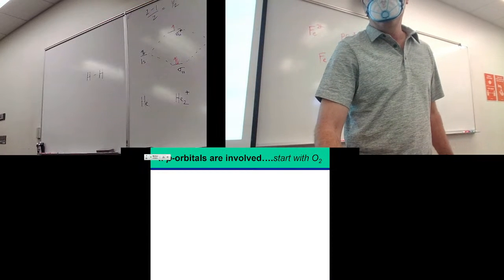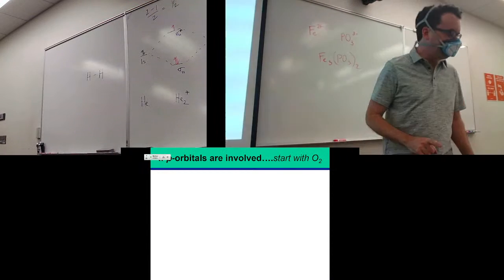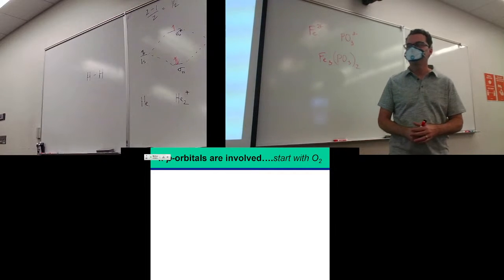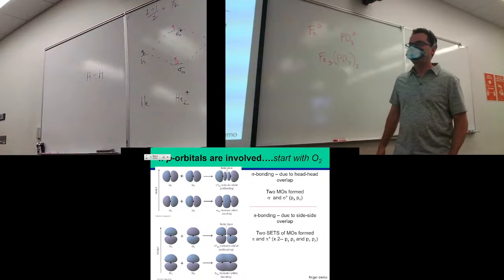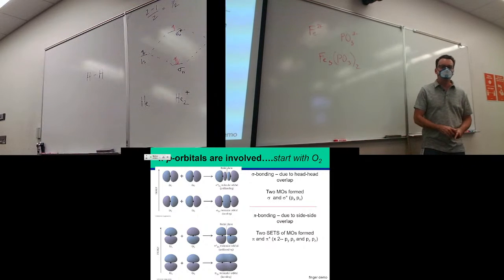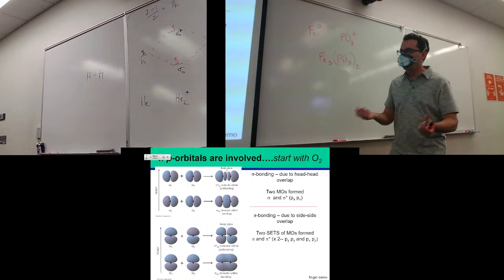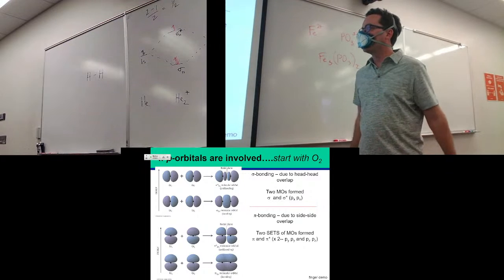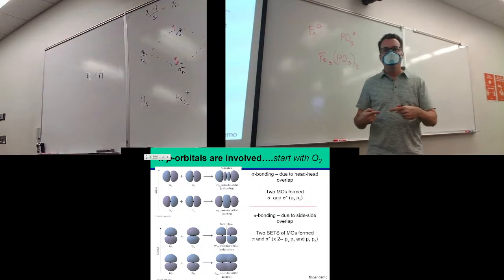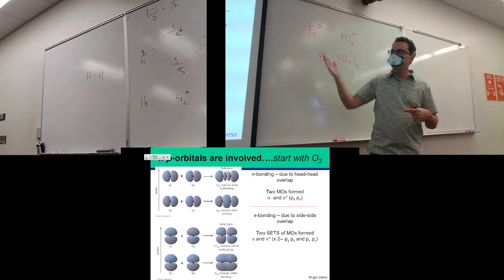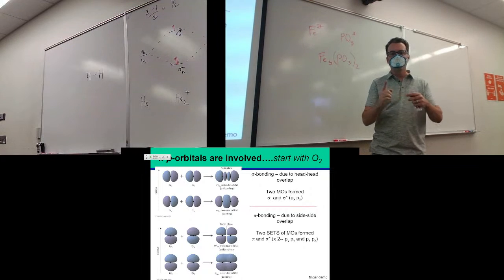All right, so one more thing to introduce before we get to the metal stuff. What happens when you involve p orbitals? Same thing. You can make molecular orbitals from atomic p orbitals as well. But remember, p orbitals come in sets of 3. Every atom, like carbon, nitrogen, oxygen, fluorine, they all have 3 sets of p orbitals.